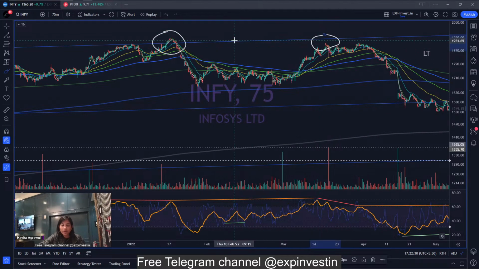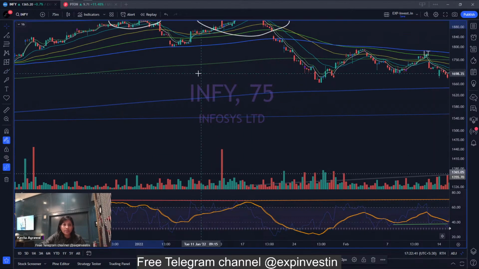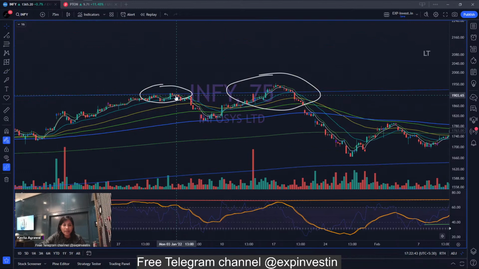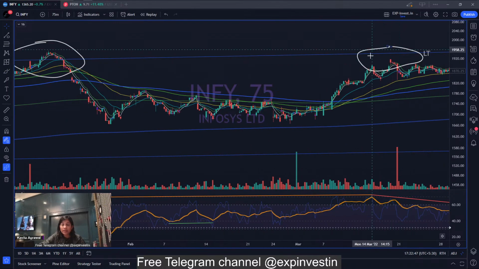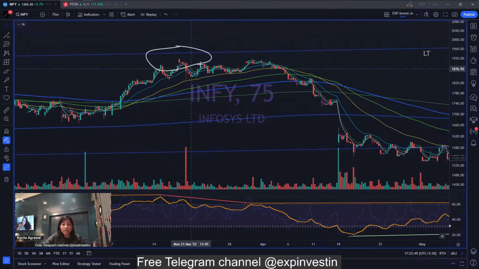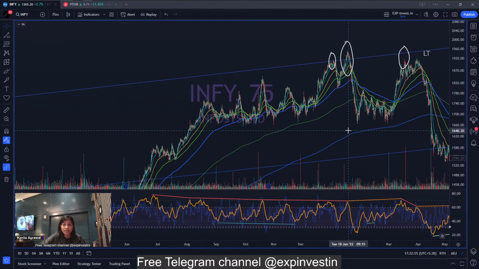As I told you about not taking exact levels but zones: here the trend line was exactly touched, but here it exceeded a little bit. Here the trend line again lent support, though the price did not touch the trend line exactly, yet the trend line was pretty valid there.